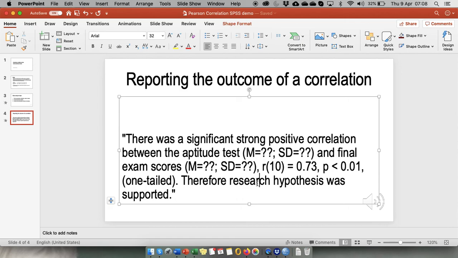Or in some cases, it could be partially supported. If, for example, your hypothesis included a relationship between several variables and some of them were significant and others not. It's always better to write hypothesis in a simple way, because then you can clearly state if it's supported or if it's not supported. And this is it for conducting a Pearson's correlation.